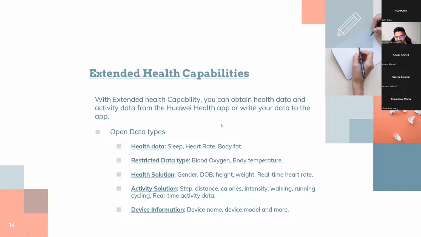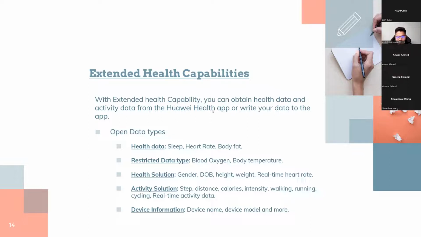About the extended health capabilities, it opens up more opportunities of data. And also you can get the data from the local health app, that's the HUAWEI Health app. This is an app from HUAWEI that gives the user an overview of all the health and activity related information. So any app or any developer can get all the information or some information from this app, and also write to this app.